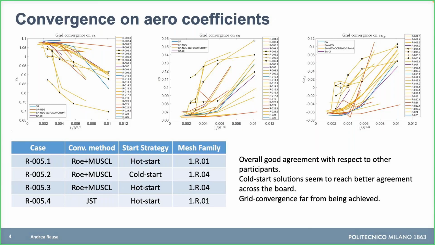Whereas the one that goes more towards the general solution is actually R005.2, the cold start. So in this case, I got better results by running each mesh independently, and maybe we can see why later.